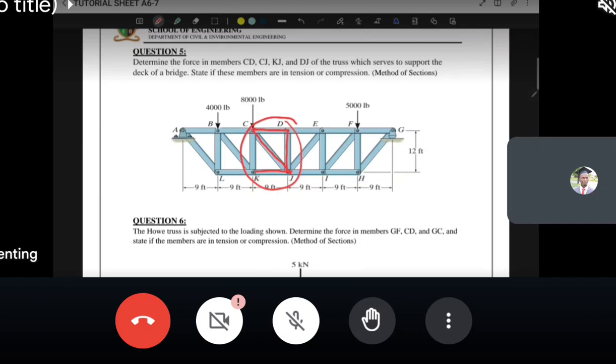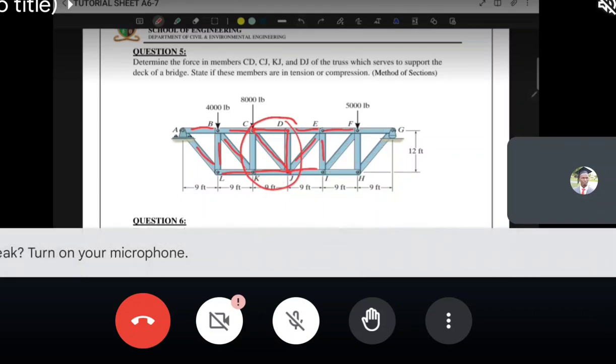You go for the method of joints when the question specifies use the method of joints, or when you actually want to know all the forces inside each member. Then the method of joints becomes better.